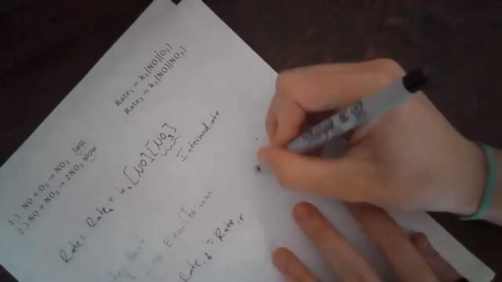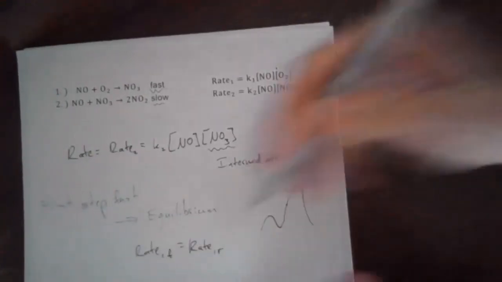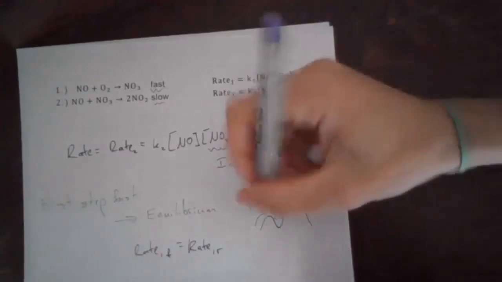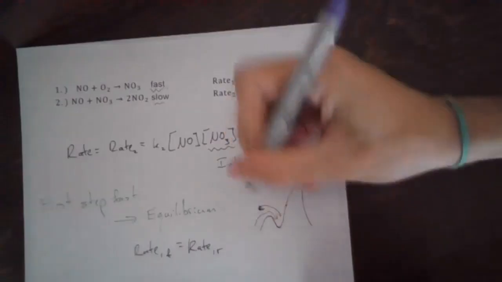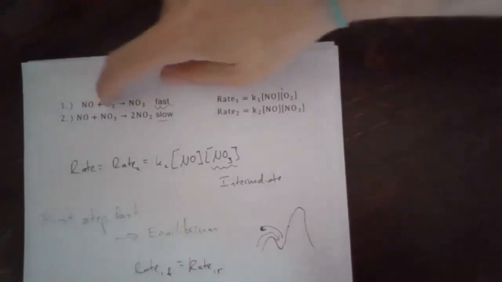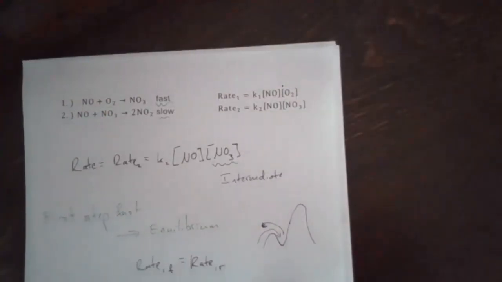We have this idea that our barrier, our energy diagram, looks like this. So you'd have some of the forward reaction happening, but at the same time, you also can have these backwards reactions happening. Just because we're saying NO plus O2 becomes NO3, NO3 can also change to go the other way. These are elementary steps. You're just rearranging bonds. Atoms don't have brains, so they can't pick a direction to go. They can just change in these ways.